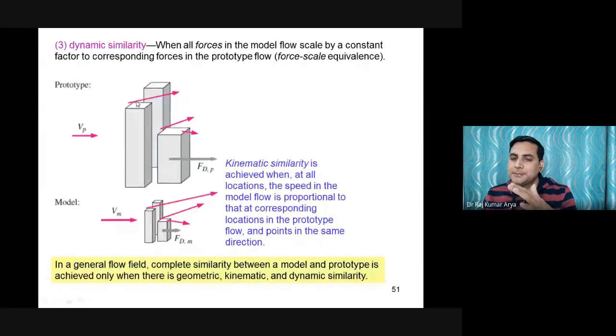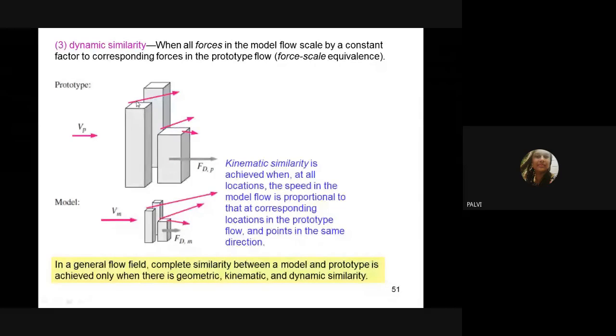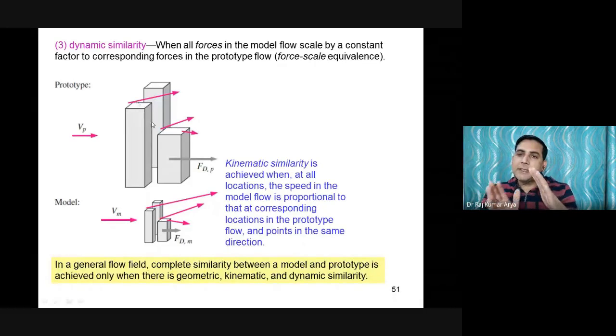Correct or not? Correct, so this means they are kinematic similar. Wherever at a particular point, whatever direction is there, the same should be the direction in the prototype also. Only the magnitude is changing. Here it was the bigger one, here is the smaller one. Only their magnitude has changed, the direction has not. That's called kinematic similarity.